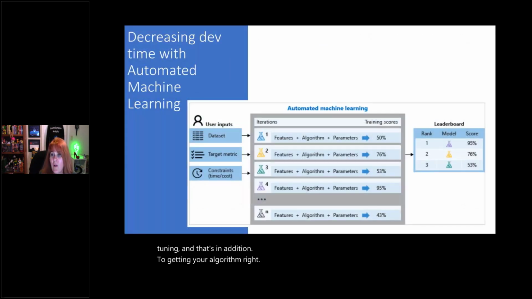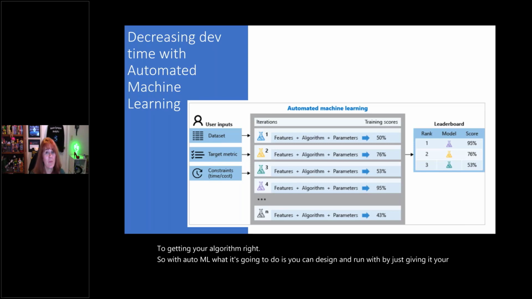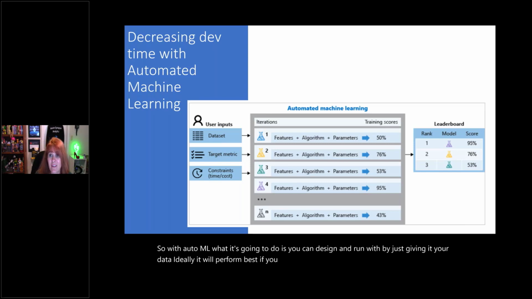So with AutoML, what it's going to do is you can design and run it by just giving it your data. Ideally, it will perform best if you do all that data cleansing first. So yeah, you really do need to do your own data cleansing. You want to specify the source and format of your training data. Now, here's a tip too.